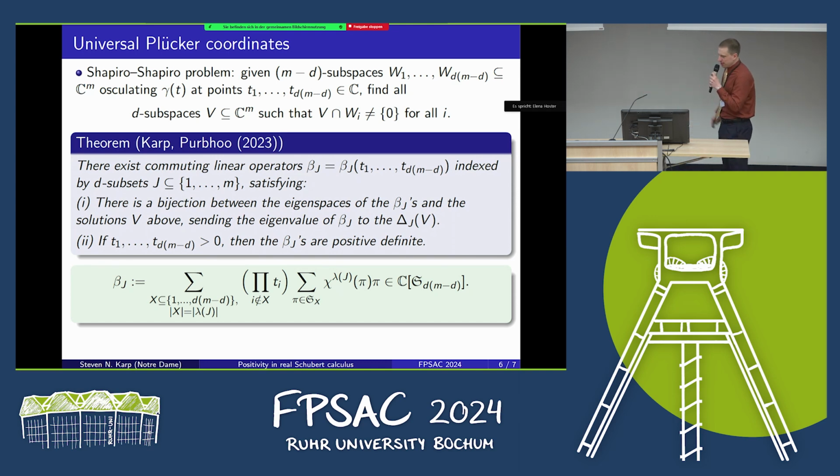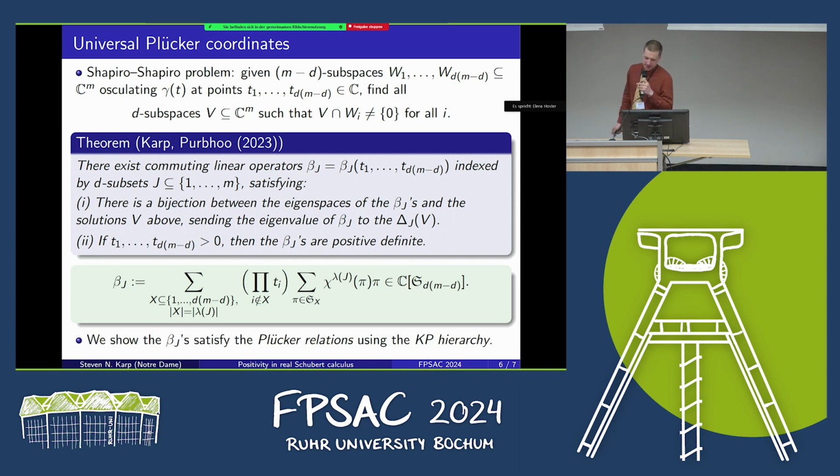And so as defined, these beta j's are elements of the group algebra, and to view them as linear operators, we just let them act on the group algebra itself by left multiplication. Okay, so that's our main result.